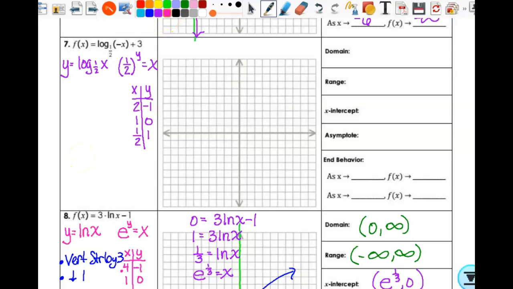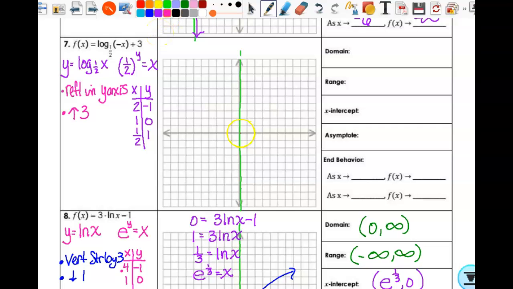All right, then my transformations, let's see, I've got nothing till I get here, so that is a reflection in the y-axis. And then the 3 means I go up 3. So I didn't go left or right any, which means here is my vertical asymptote.